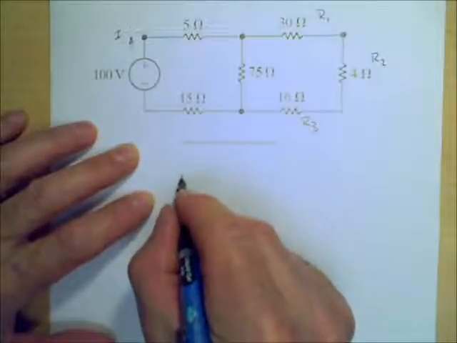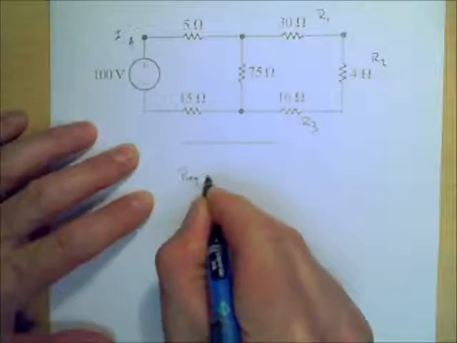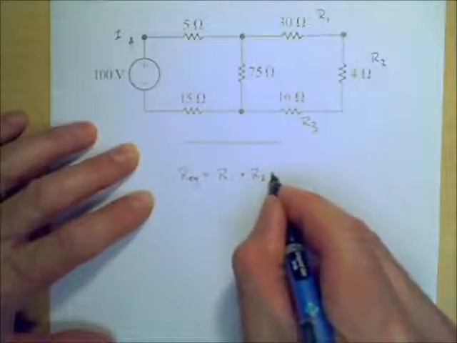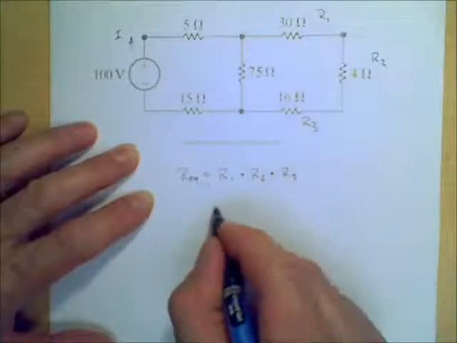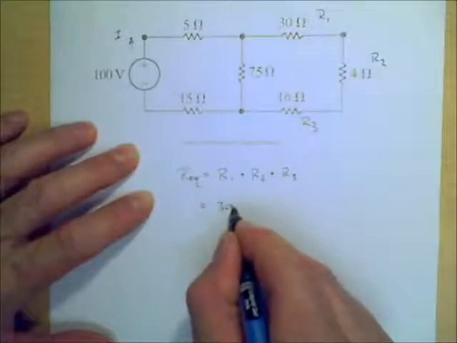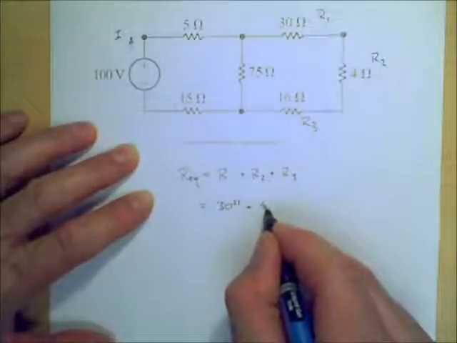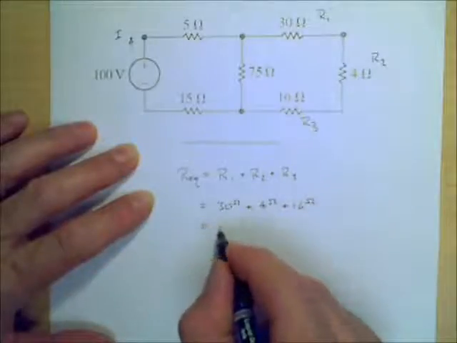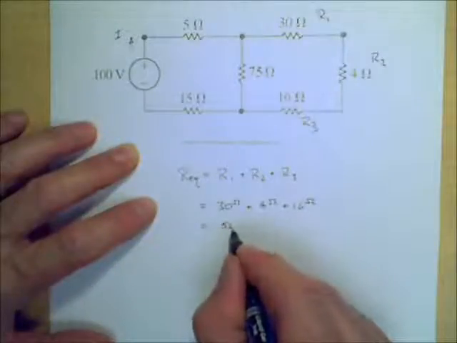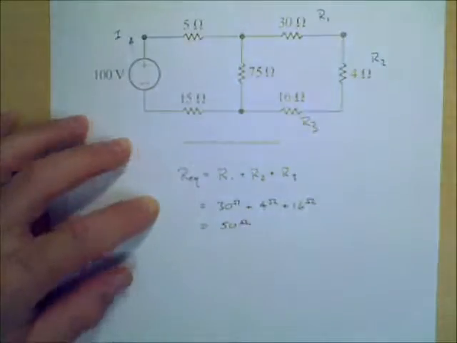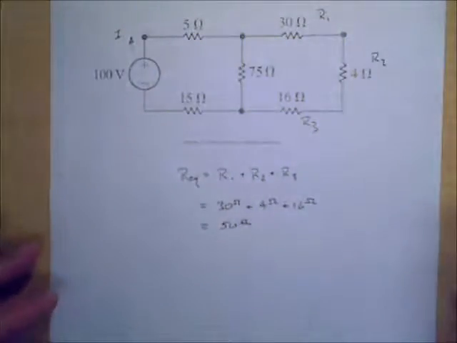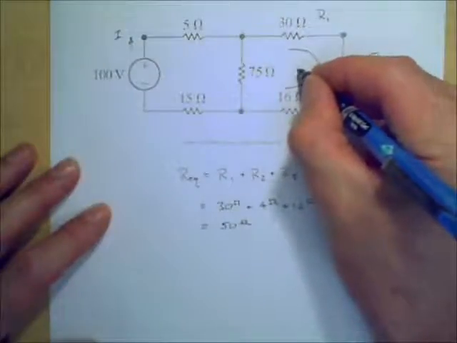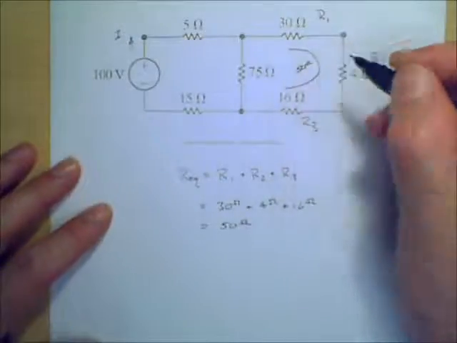And as we know, the equivalent resistance is equal to the sum of the three resistances, which in this case is equal to 30 ohms plus 4 ohms plus 16 ohms for a total of 50 ohms. So that rightmost branch, the branch on this side here, has a total equivalent resistance of 50 ohms.